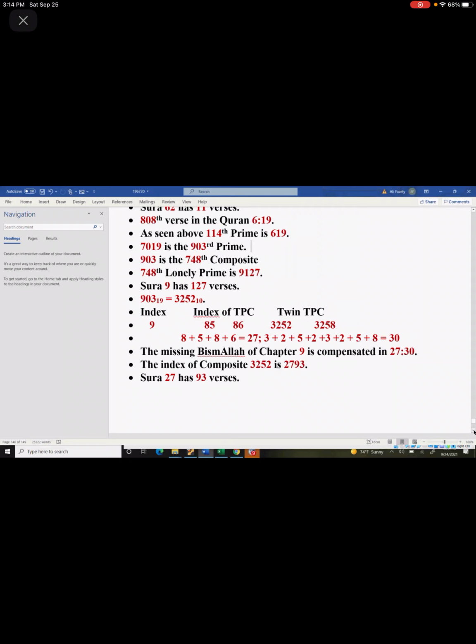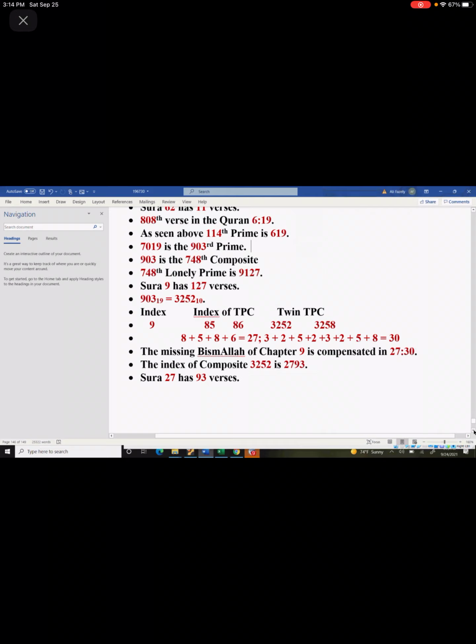And we add the digits of the TPCs themselves: 3 plus 2 plus 5 plus 2 plus 3 plus 2 plus 5 plus 8 is equal to 30. Remember now, the missing Bismillah in chapter 9 is compensated in chapter 27, verse 30. And you see the 27 and 30 coming from this line automatically.